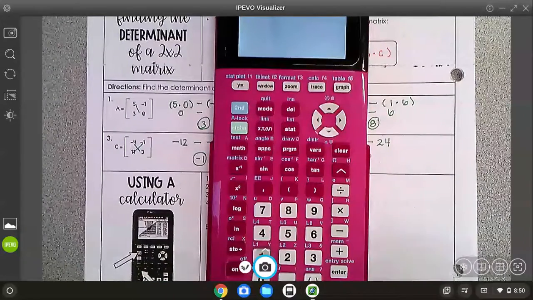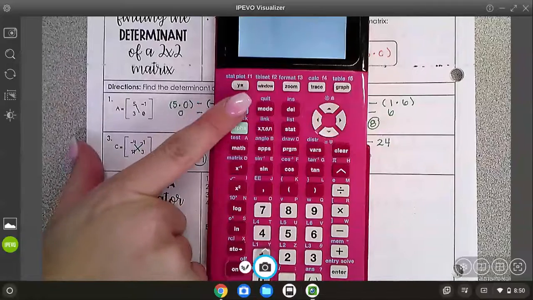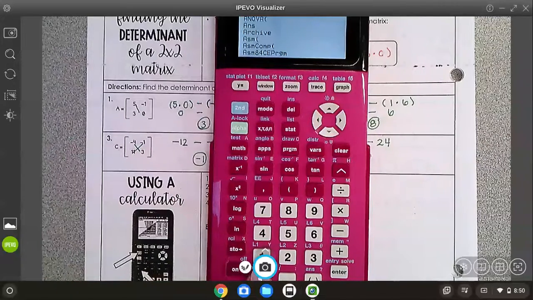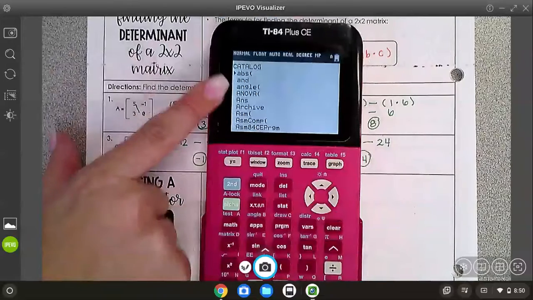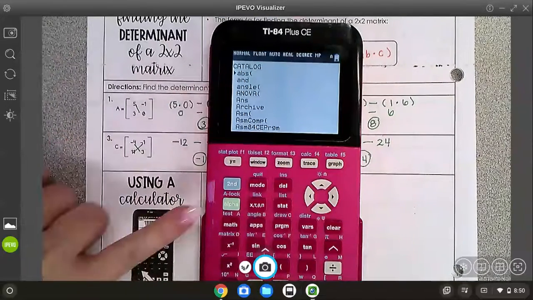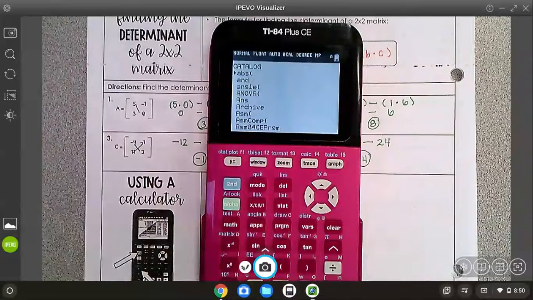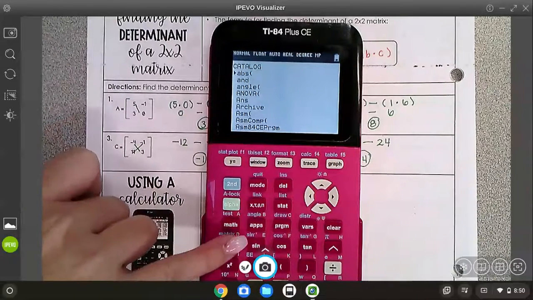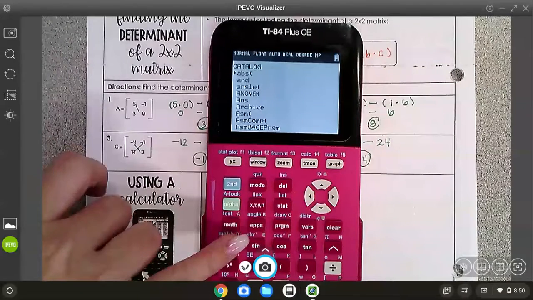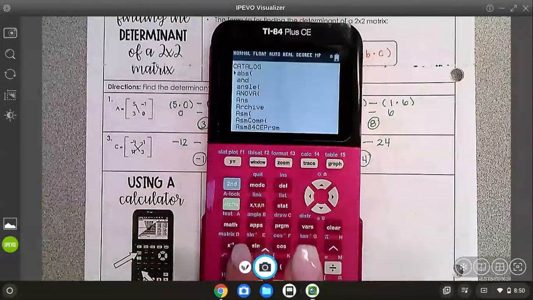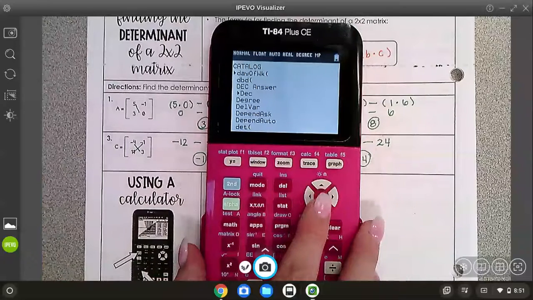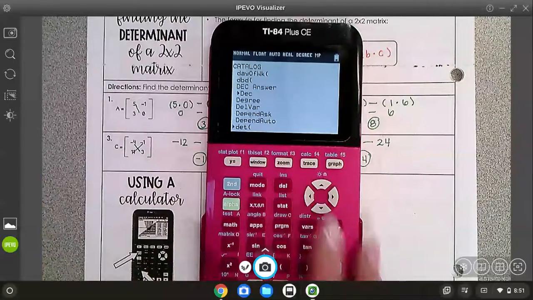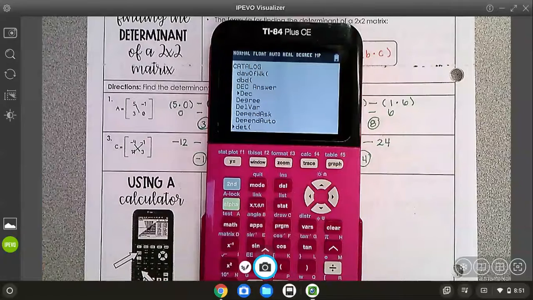So if you are on the test and you can't remember where that's at, you click second 0, it pulls up the catalog and everything is in alphabetical order. If you know you're finding the determinant, you can go down to the D's with alpha, and then find DET for a determinant. So that works for anything in the calculator.